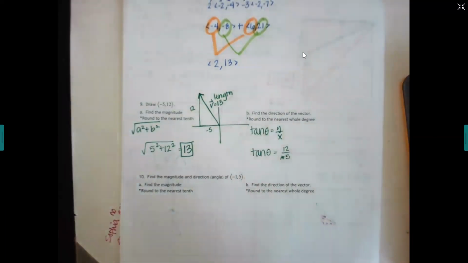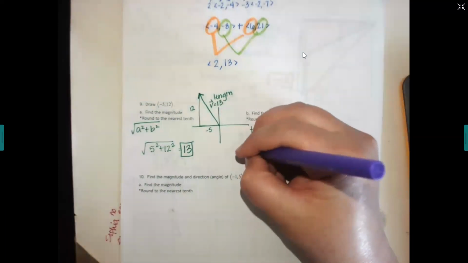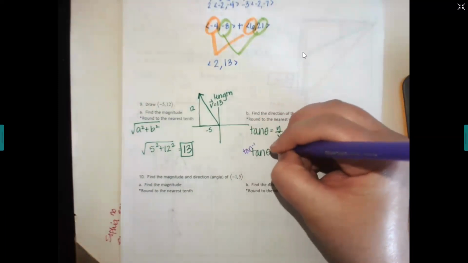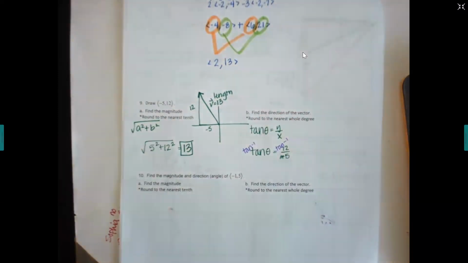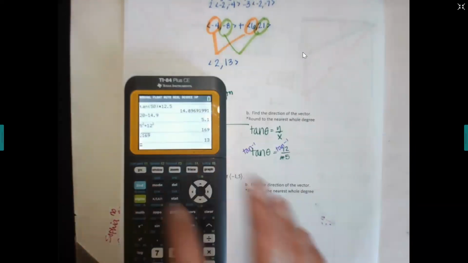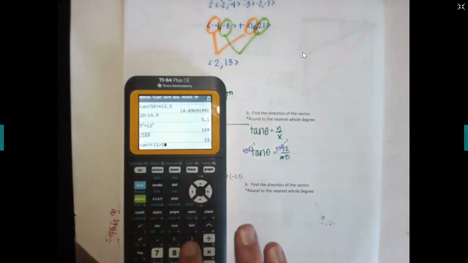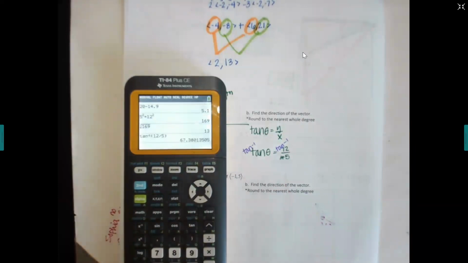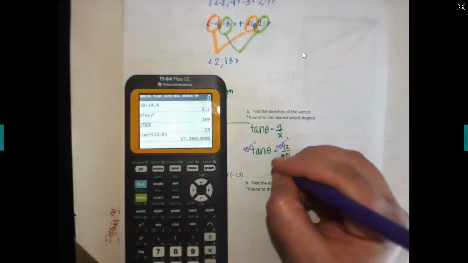Just type it in without. To cancel out the tan, we're going to do inverse tan. So then in my calculator here, I'm going to do second tan 12 over 5. And I got 67 degrees.